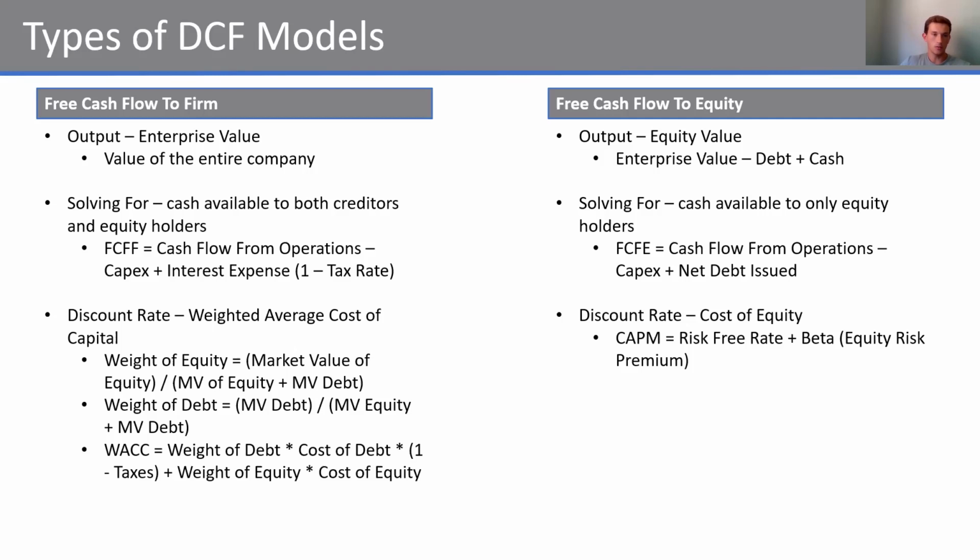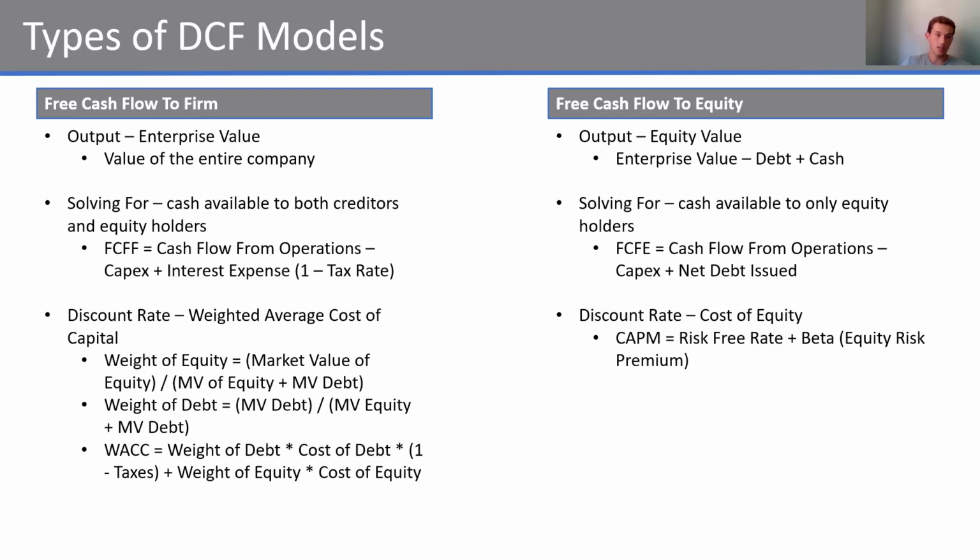In the example that we'll do, we'll use just the balance sheet value of debt, but in reality, you want to be using the market value of debt. Vice versa, the weight of debt is market value of debt divided by market value of equity plus market value of debt, so that you get the weight of the debt and the weight of the equity.